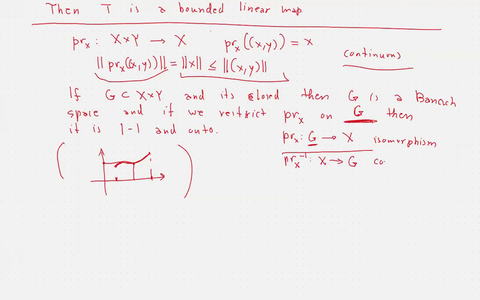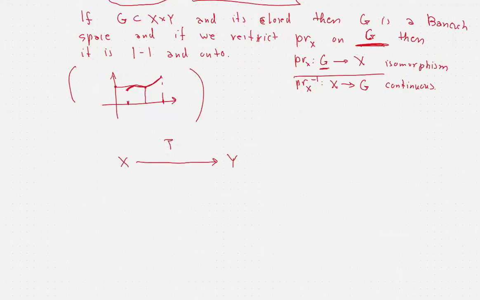Because now, basically, I can think of going from X to Y through T in two steps. First, I go from X to G, okay, which is a continuous map.